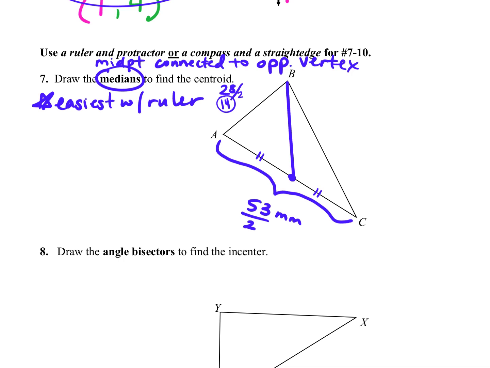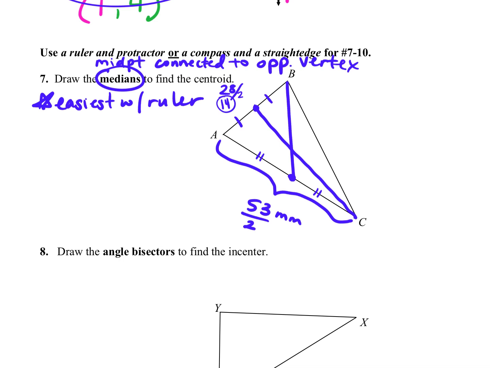So that will be right about there. I'm getting different numbers from what I'm doing, but I'm trying to make it make sense for you. So right about there, so that these are congruent, and then you take your straight edge and draw it in. Mine doesn't work very well.